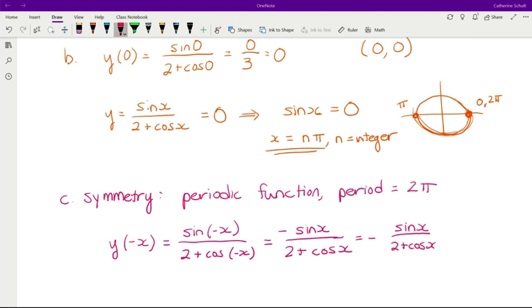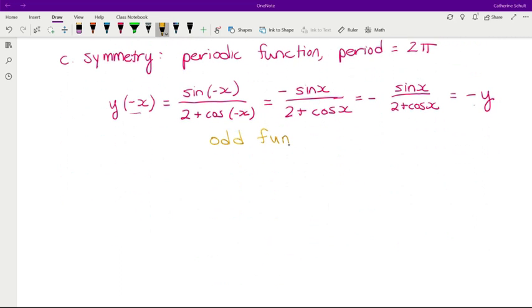I just moved that negative sign out front. And so that equals negative y. So when we plugged in negative x, we got negative y. So this is an odd function. So we're going to have symmetry about the origin. So we'll want to make sure our graph shows that. With respect to the origin.